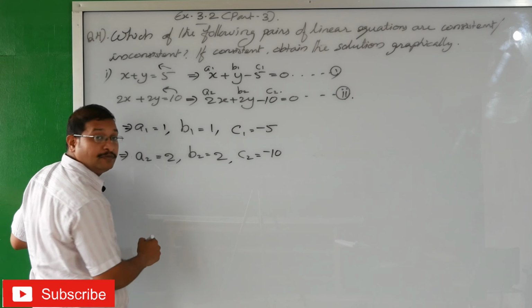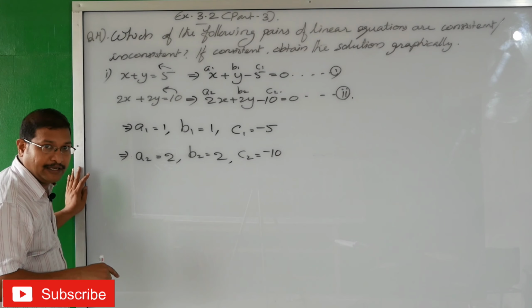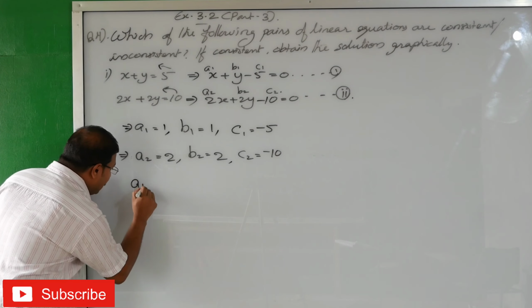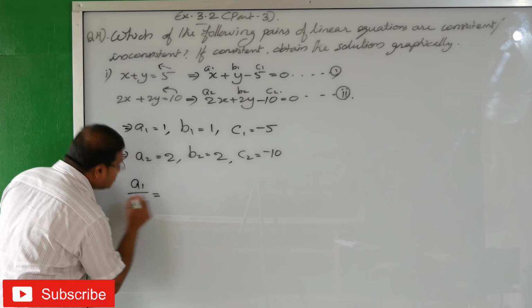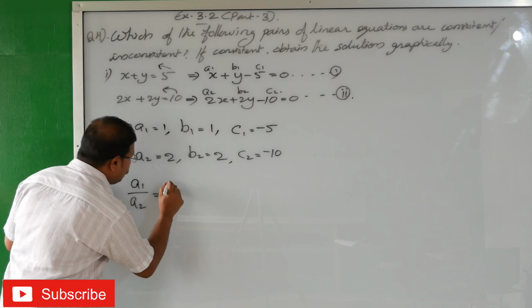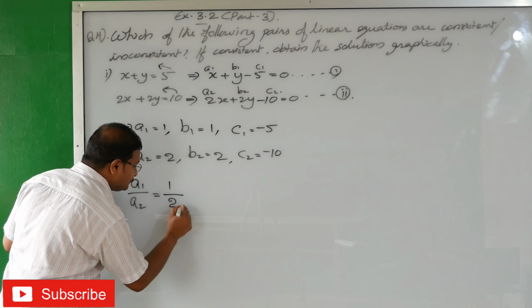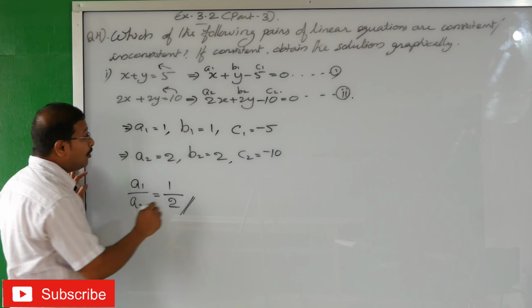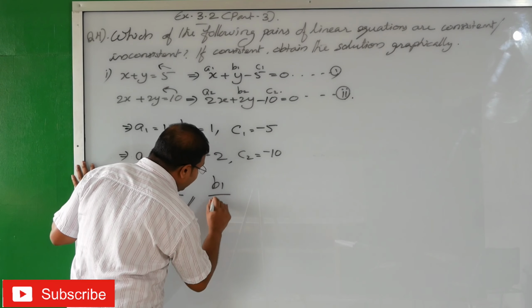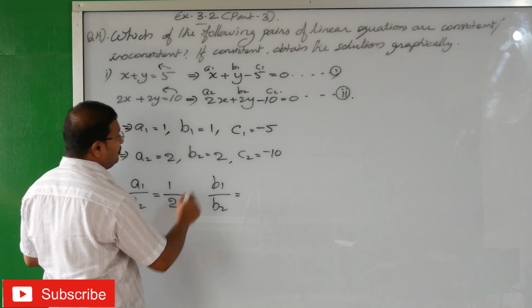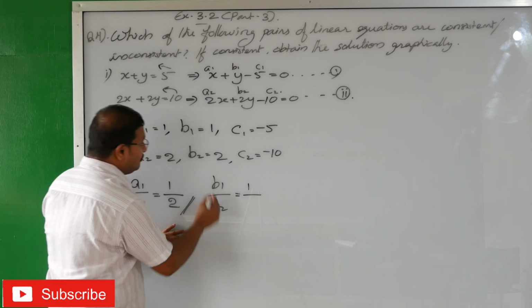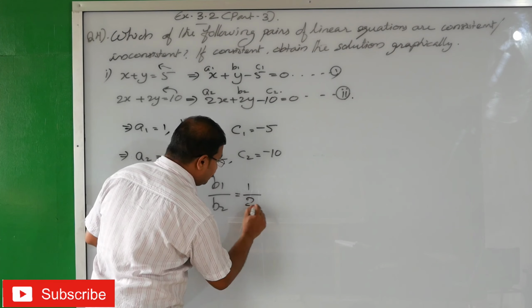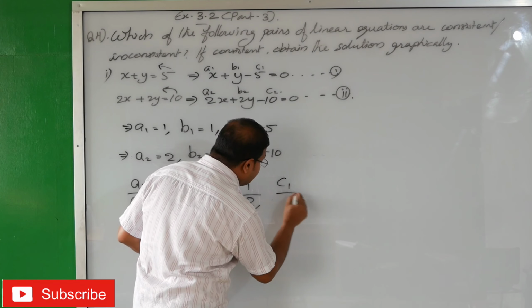Now what you'll do? We'll go for verification, isn't it? a1 by a2 equals, what is the value of a1? That is 1 by a2 is 2. Okay. Now, b1 by b2 equals 1 by b2, that is 2. Now we will go for c1 by c2.